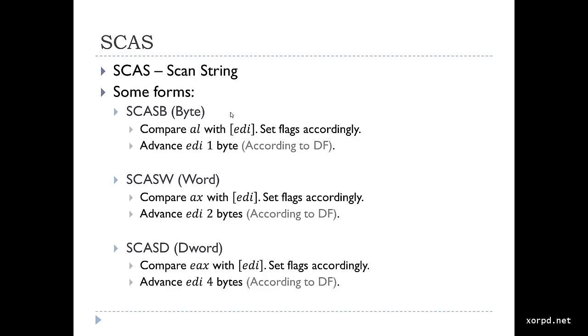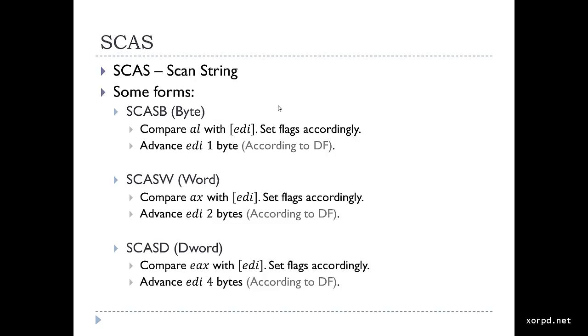In other words, you may assume that we just subtract AL minus the byte at EDI, and the flags are just set accordingly. This means that all the relevant flags are being set. For example, this kind of subtraction could affect the sign flag, the overflow flag, the zero flag, and the carry flag.